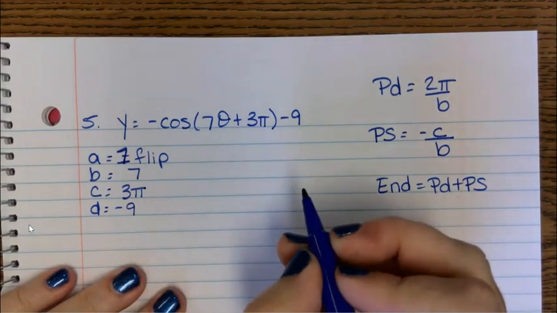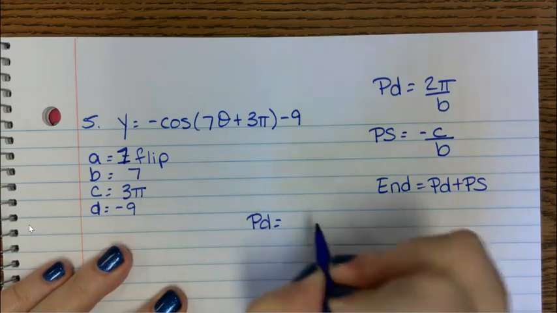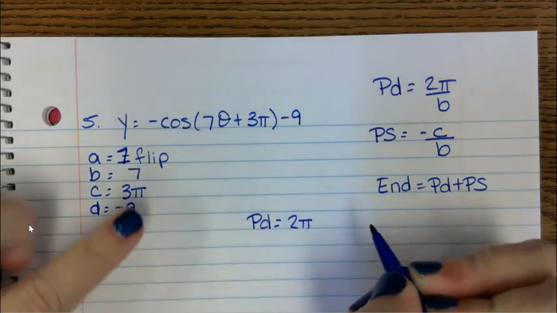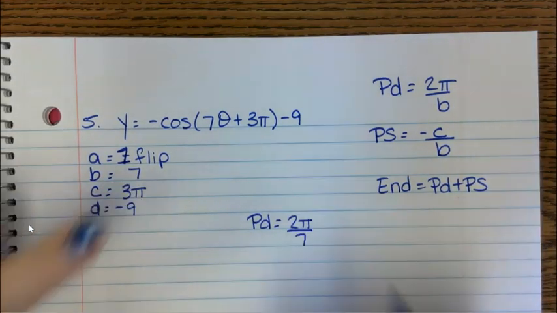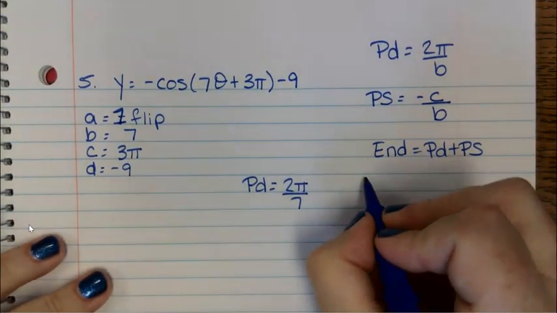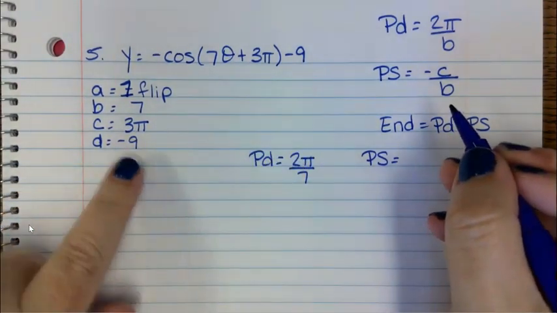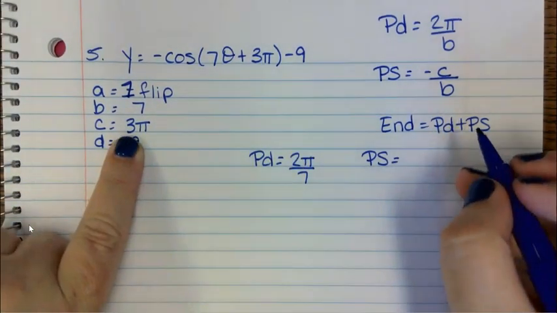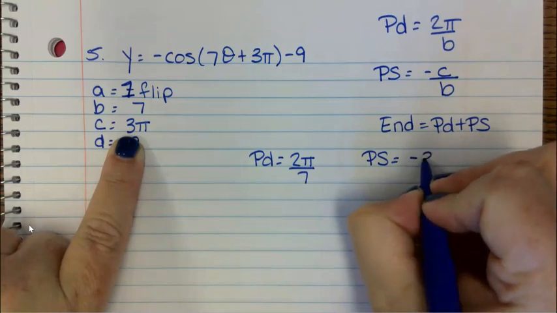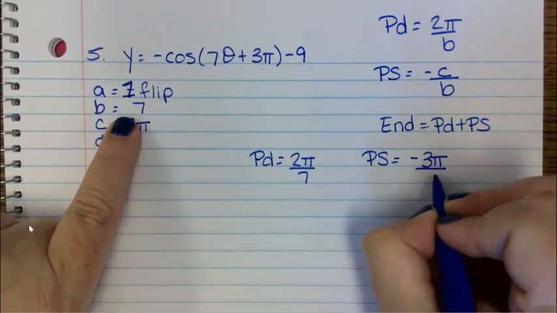I'll just do it right here. So period is 2 pi over B, and my B is 7. Ooh, that's lovely. Phase shift, opposite of C. Okay, so 3 pi is here, but it's positive, so I'm going to make it negative. Divide it by B.